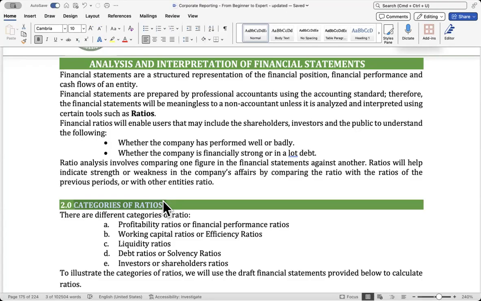Even though it's making 10,000, it might not be as strong or as profitable as another company making 6,000. Because maybe the capital that company used to generate that 6,000 was just 3,000 naira, while the one that made 10,000 had a capital of 12,000 naira to be able to make 10,000.